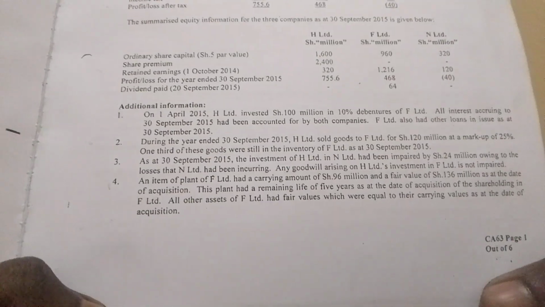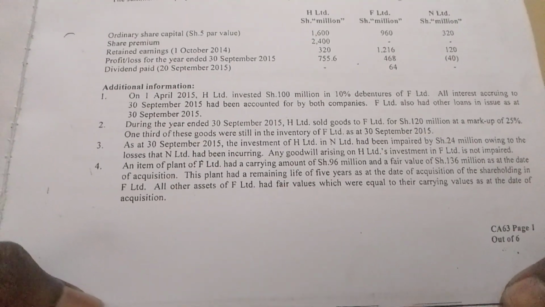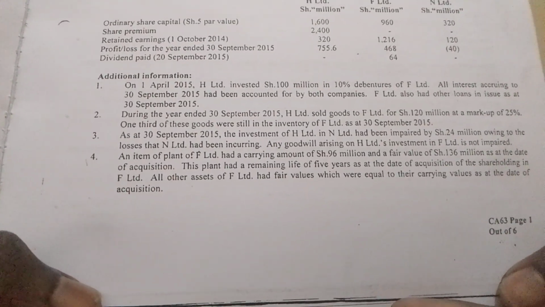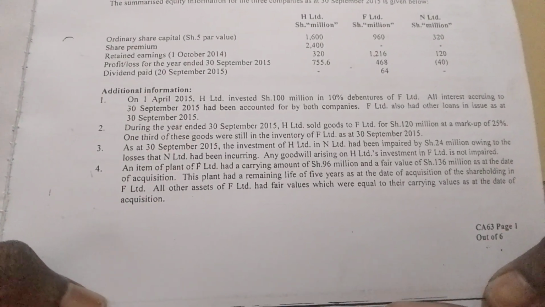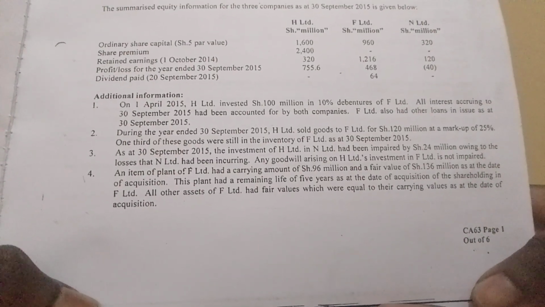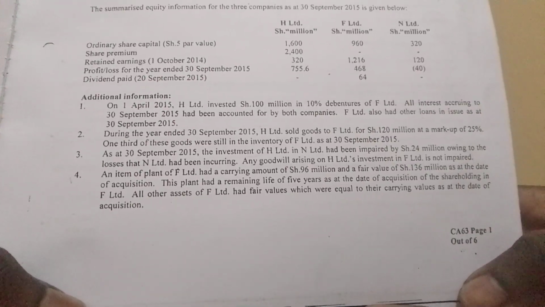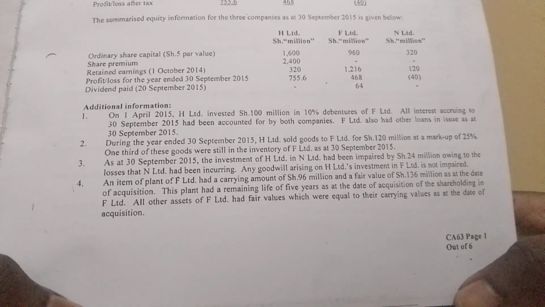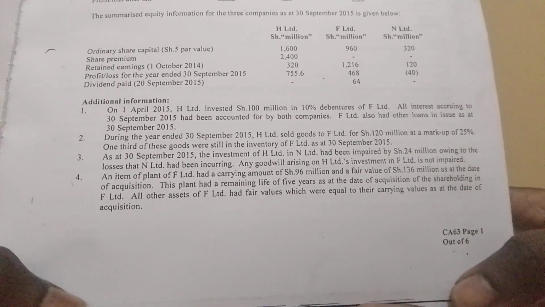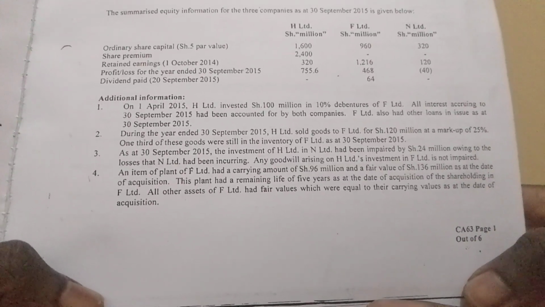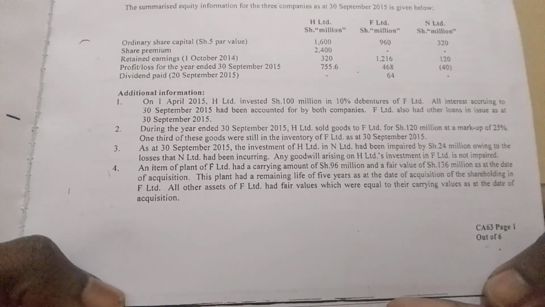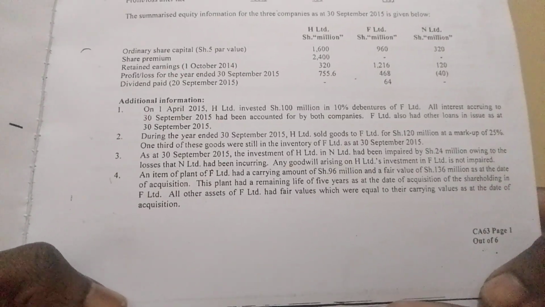Then additional information. Number 1: On 1st April 2015, H Limited invested shillings 100 million in 10% debentures of F Limited. All interest accruing to 30th September 2015 had been accounted for by both companies.